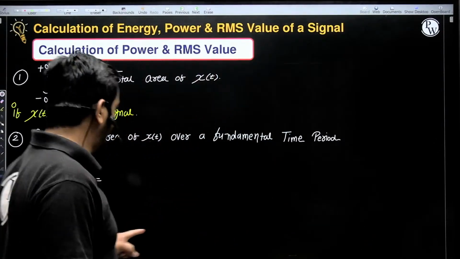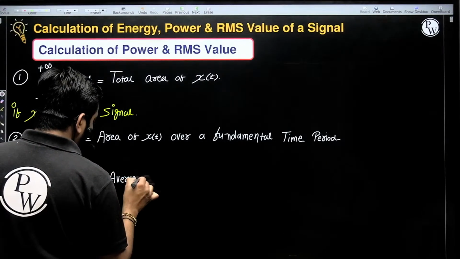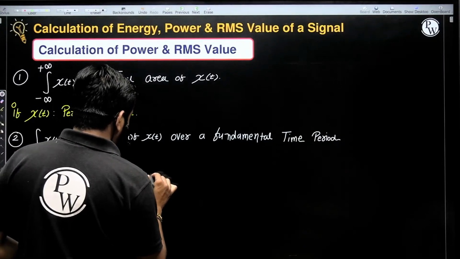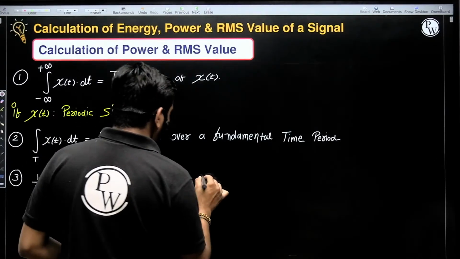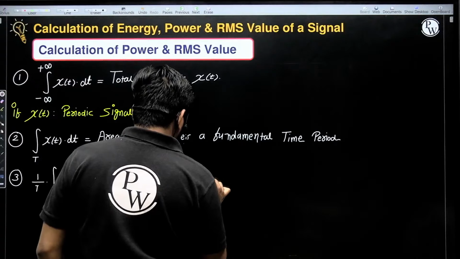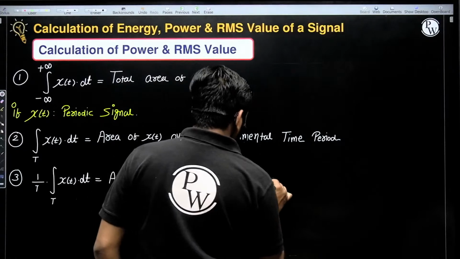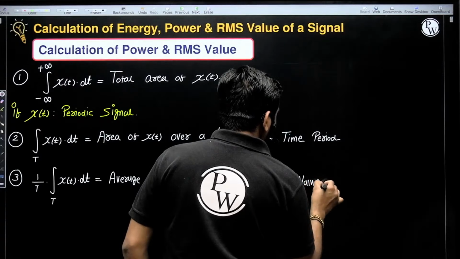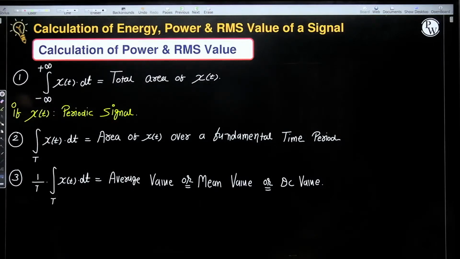It is nothing but the average value of x of t: area of x of t over a fundamental time period divided by the fundamental time period. Clear? Average value, mean value, or it is also known as the DC value, guys.